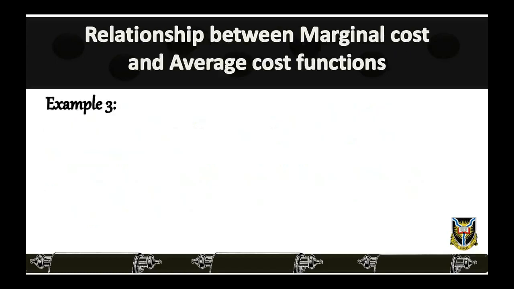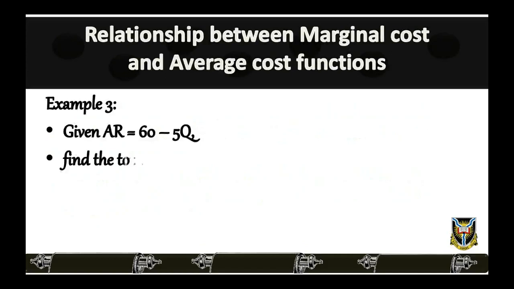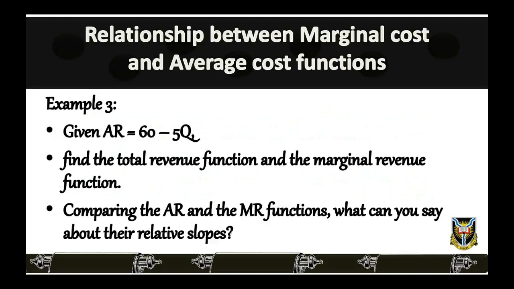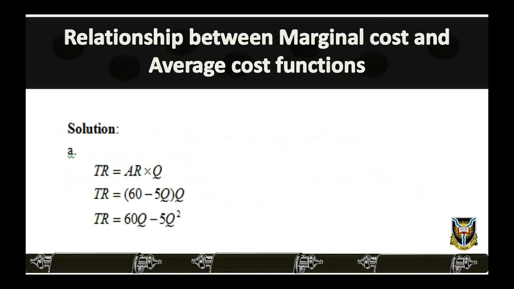Example 3. AR equals 60 minus 5Q. A. Find the total revenue and the marginal revenue function. B. Comparing the AR and the MR functions, what can you say about the relative slopes? Solution.